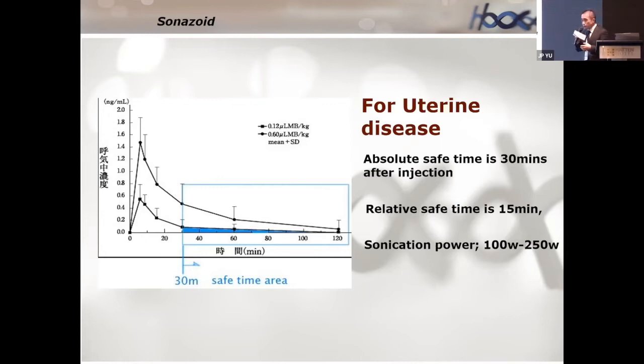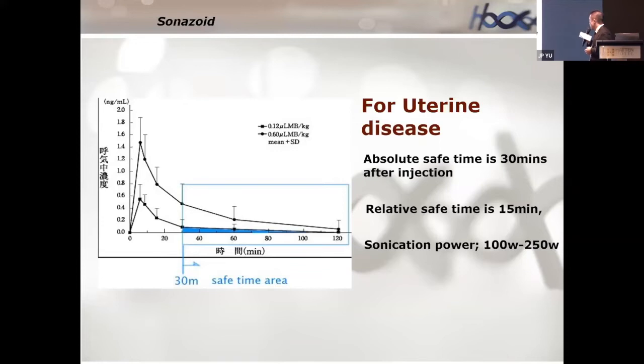But when I treat pancreatic cancer, I always obey 30 minutes, because when treating the pancreas, I always worry about small bowel injuries. And breast cancer is usually close to the skin, so I worry about skin burn, and at that time I also obey the 30 minutes.